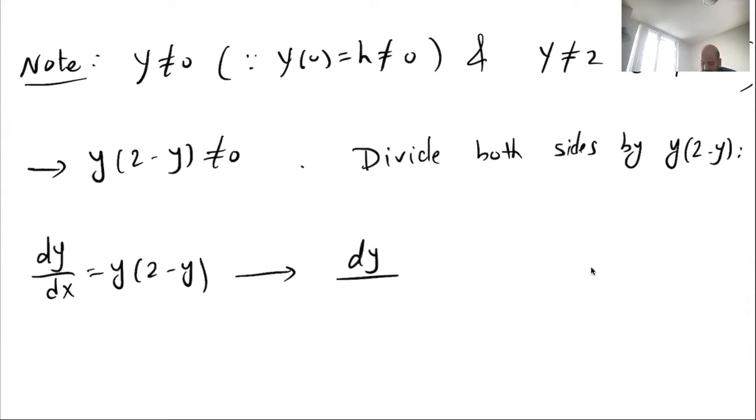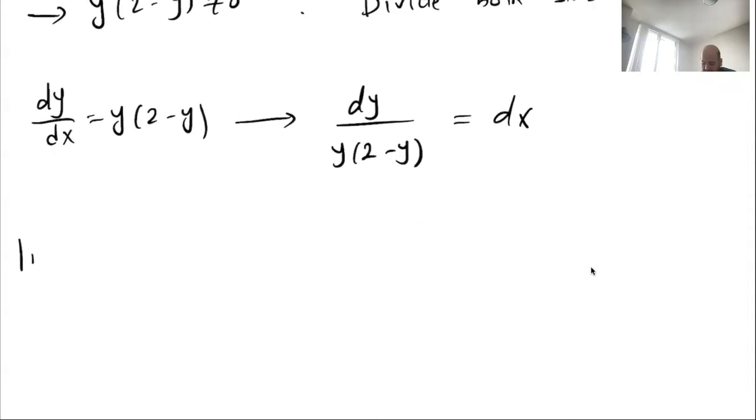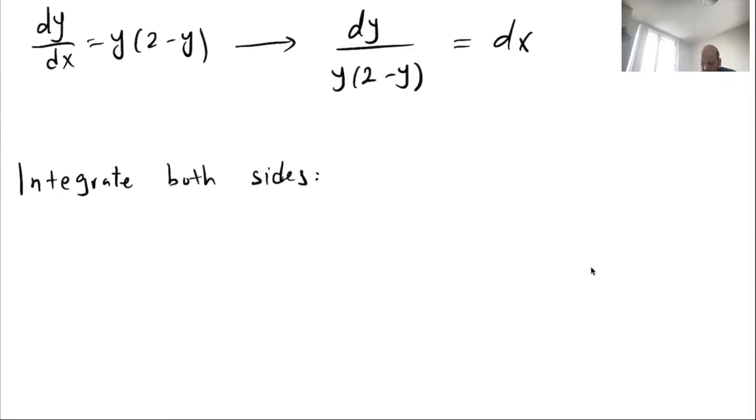Therefore, dy divided by y times (2 minus y) will be equal to dx. Now integrate both sides. Then I'll have the integral of dy over y times (2 minus y) equals the integral of dx.